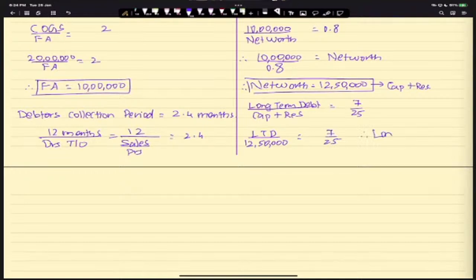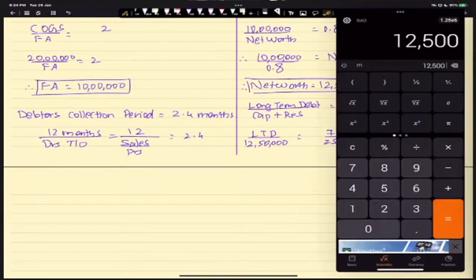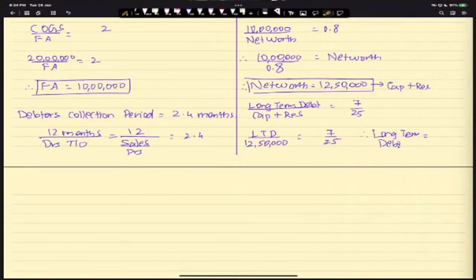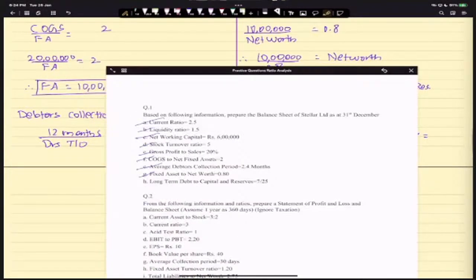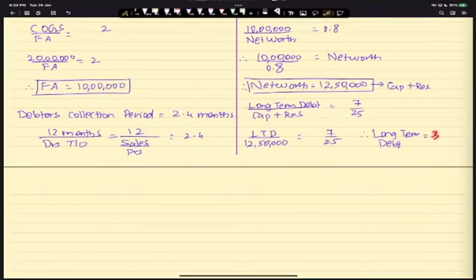Therefore, our long-term debt, we just need to multiply 12 lakh 50 into 7 divided by 25, that's 3 lakh 50,000. Long-term debt is 3 lakh 50,000.